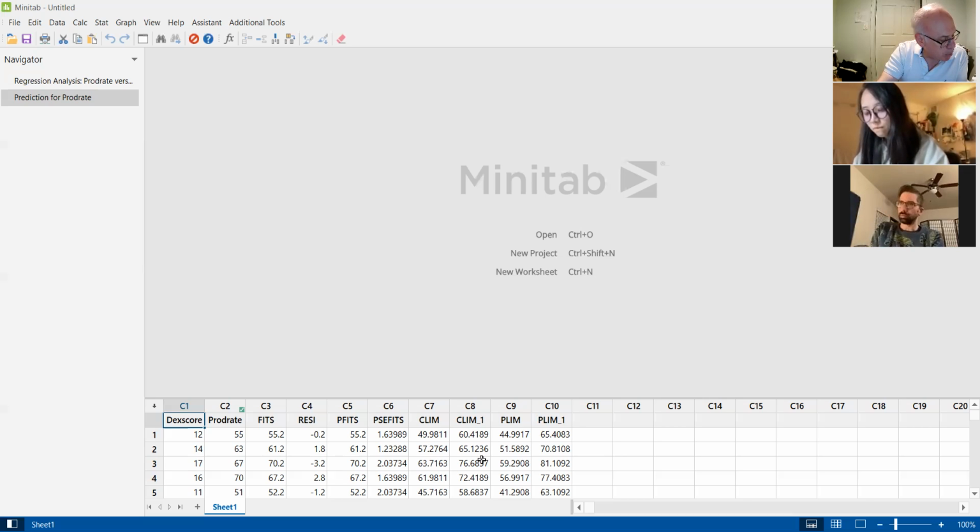You have to be very careful with this, because let me just double check something here. It's saying the mean is 14 for X, right? Mean is 14.